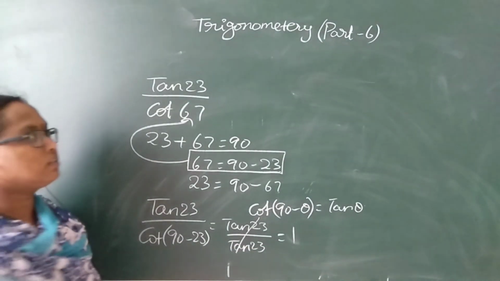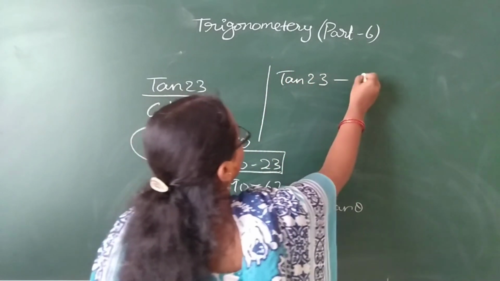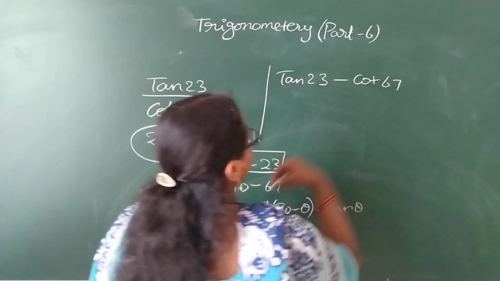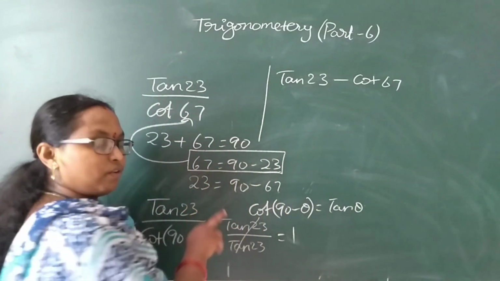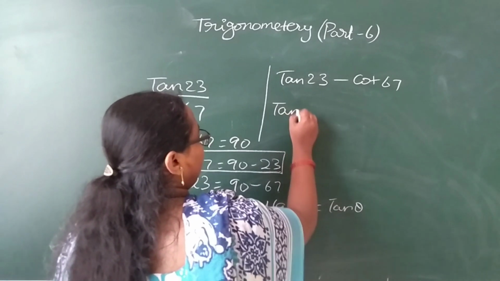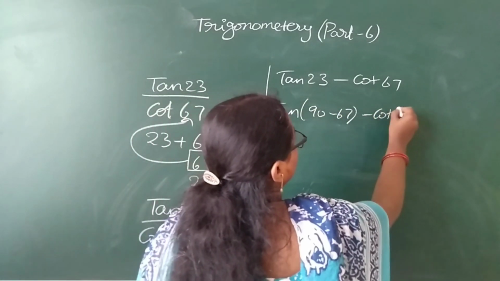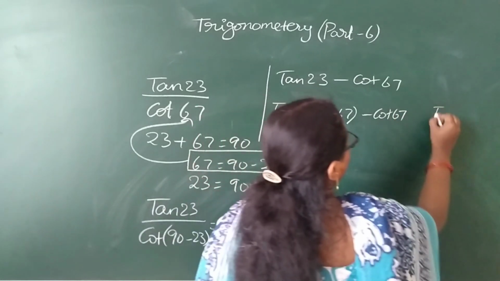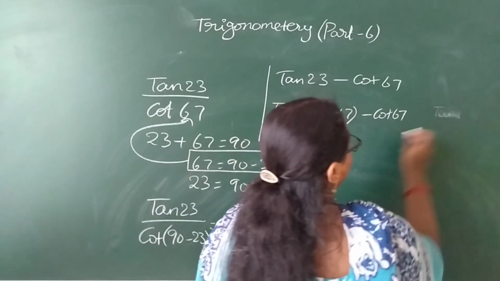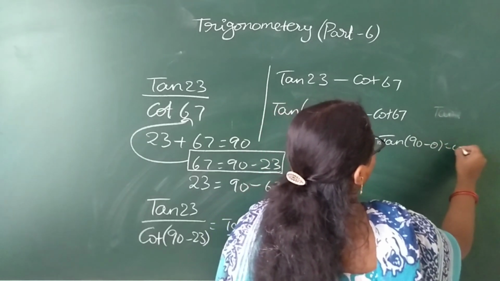If it is like this, tan 23, same question I am taking, minus cot 67 is there. Now if you want, I will change the 23 degrees. You see, tan 90 minus 67 minus cot 67. Now we know that tan 90 minus theta formula is cot theta.